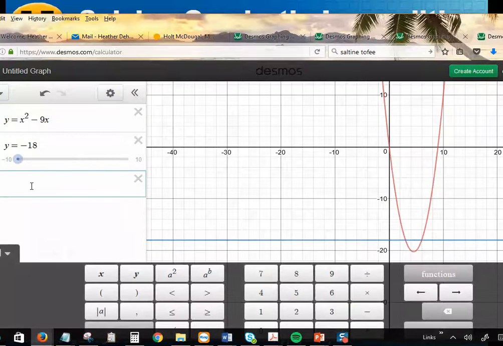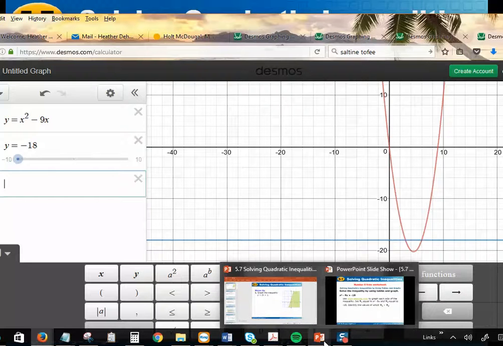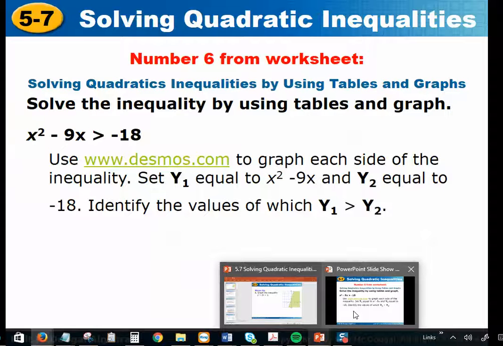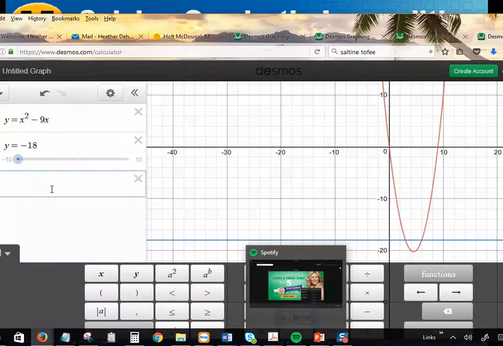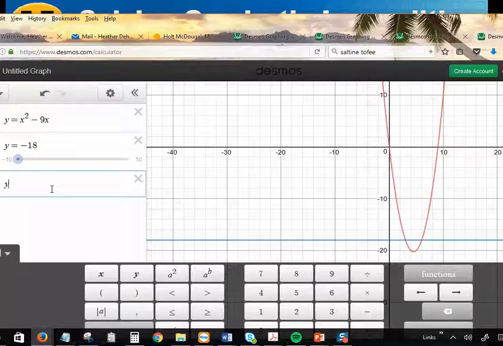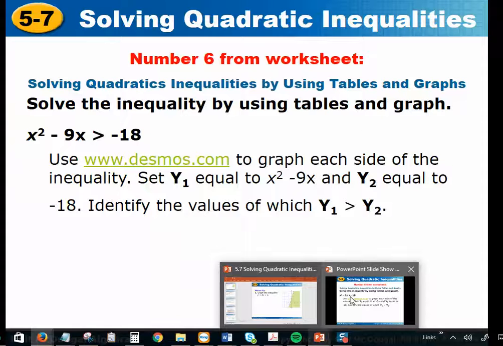Now in my third inequality, which you absolutely do not have to write in this, shoot, I forgot if it was greater than or... let's see if I can see it. Greater than. Okay. Oops, I didn't get enough information from that quick glance. So x squared minus 9x is greater than.